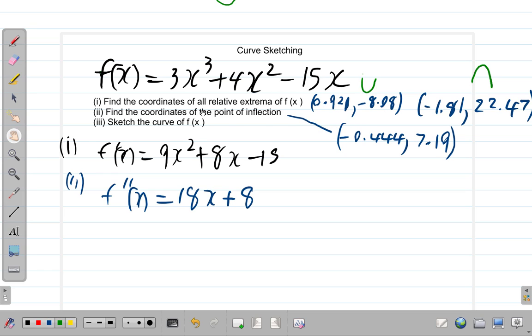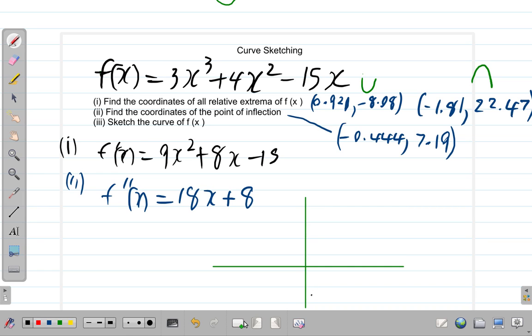When we put the value of x into the second derivative, if it is a positive, it's a minimum point. If it's a negative, it's a maximum point. So we can look at the curve now. If we say this is our x and y axes, there's a minimum point at 0.921, negative 8.08.